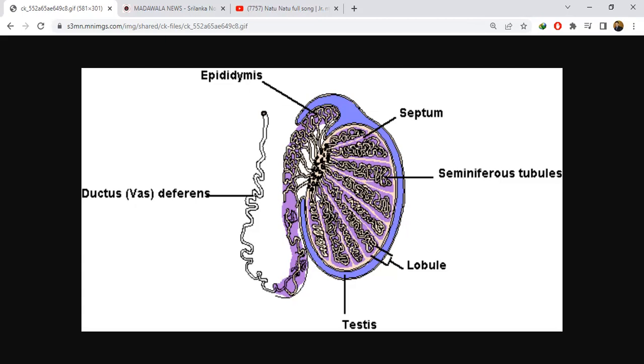In every lobule, 1 to 4 seminiferous tubules will be there. Understood?